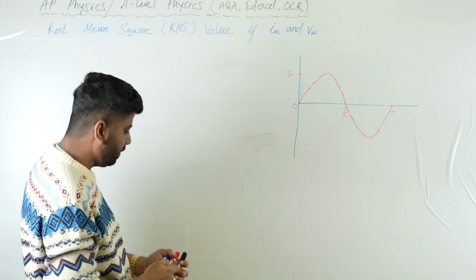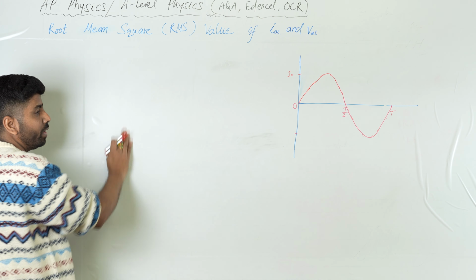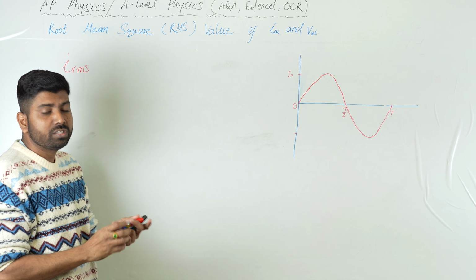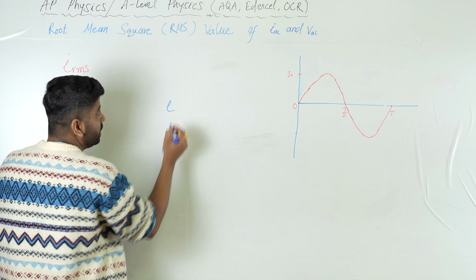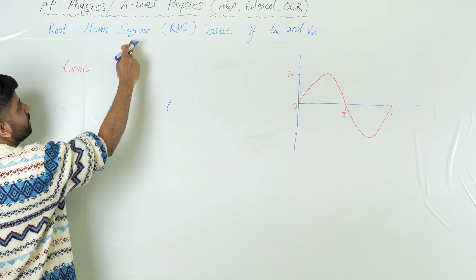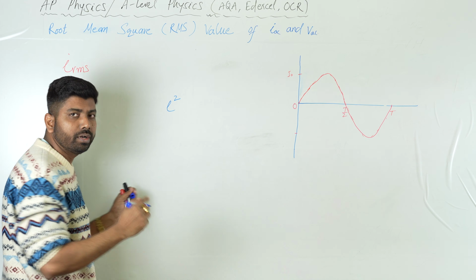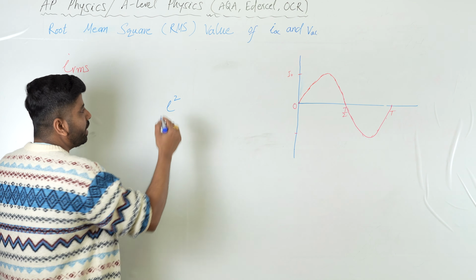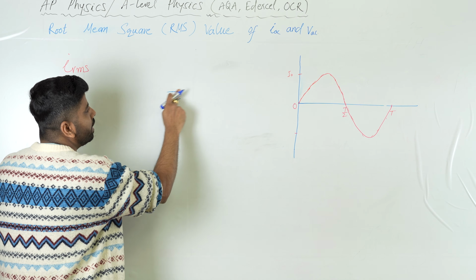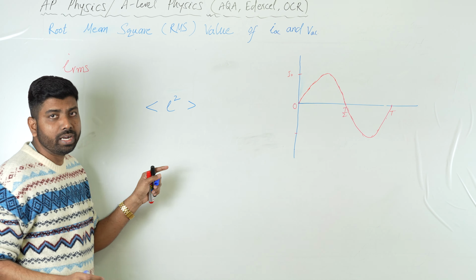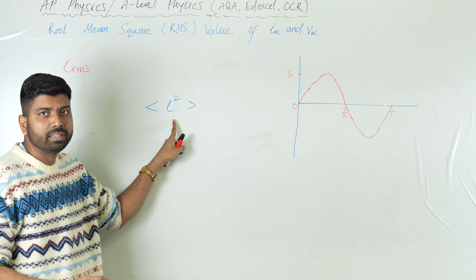If you want to find I RMS, first you have to take I and square it. Root mean square means first we square, then we find the mean. Some writers write the mean symbol in one way and some in another way; generally in your book you will find this symbol.